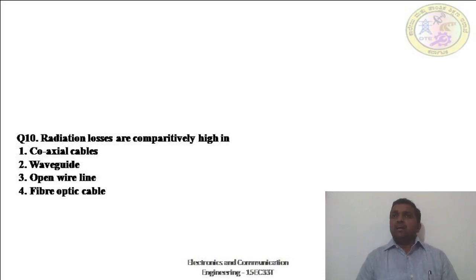As you know, open wire lines do not have any insulation around them. They are open to atmospheric conditions. Hence, there will be huge radiation losses in terms of heat and other factors. Hence, open wire lines have huge radiation loss compared to all other transmission lines, and will not be used for the transmission of important communications.